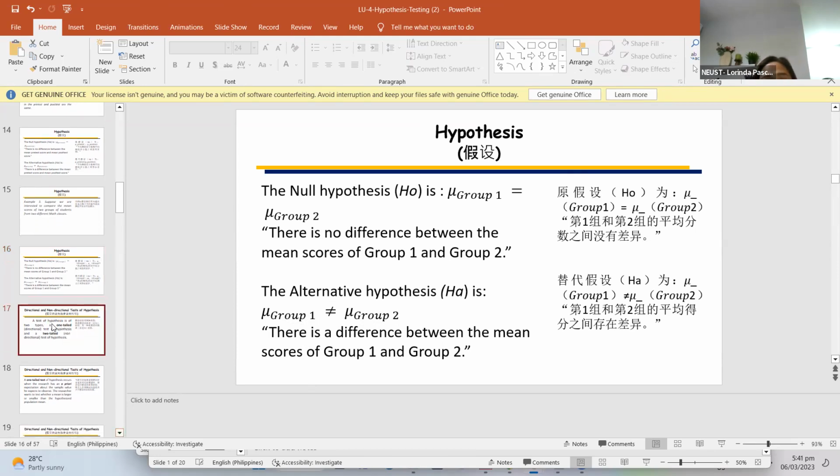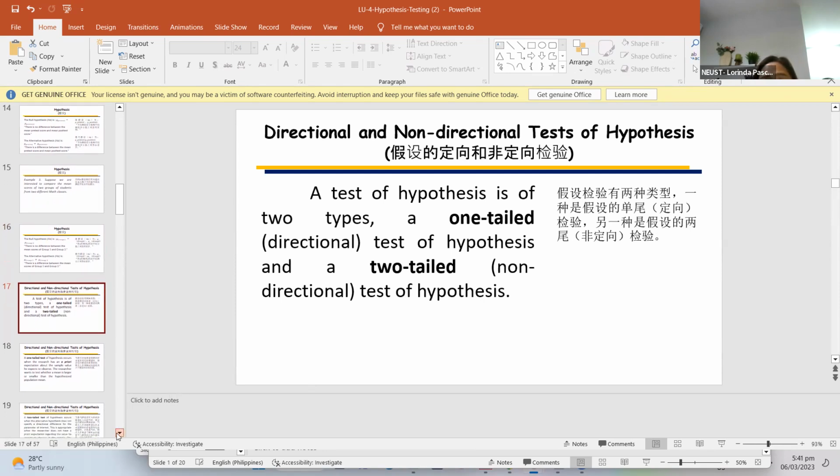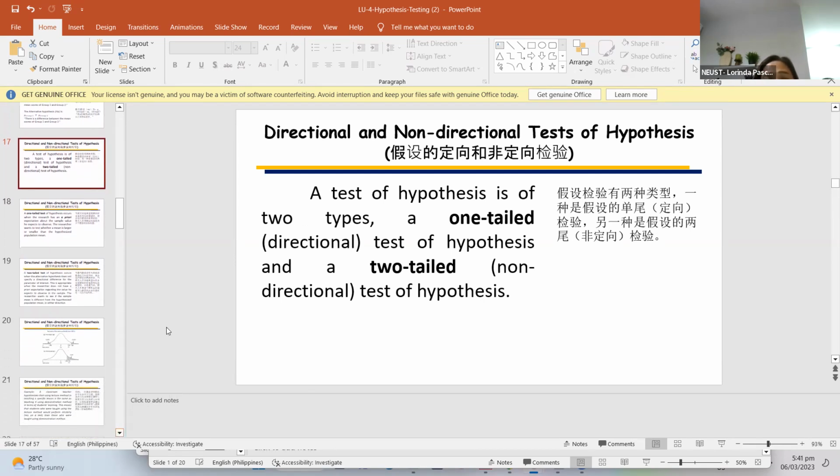So siguro ngayon ay malinaw na sa inyo kung paano natin i-state yung null tsaka yung alternative hypothesis given, for example, a problem involving the use of inferential statistics or the use of hypothesis testing in deciding whether or not there is or there is no. Yun yung ating aim.